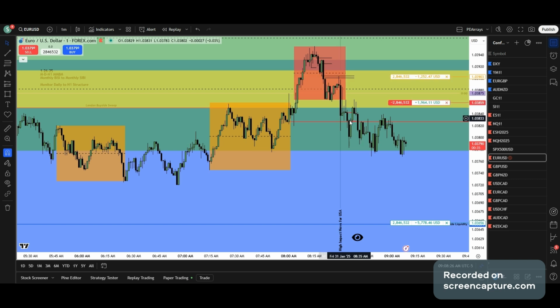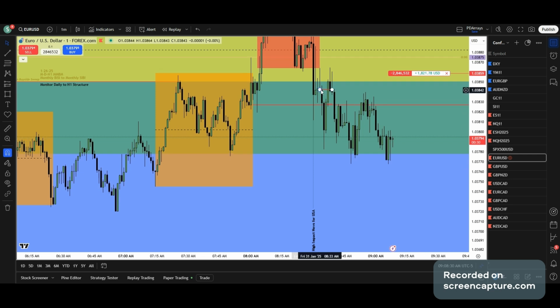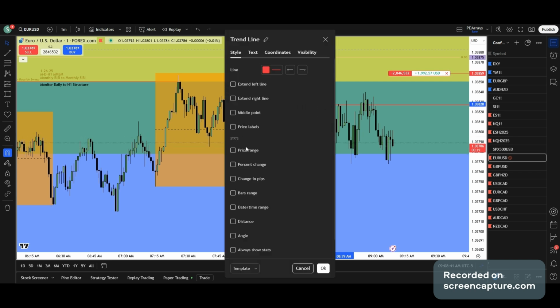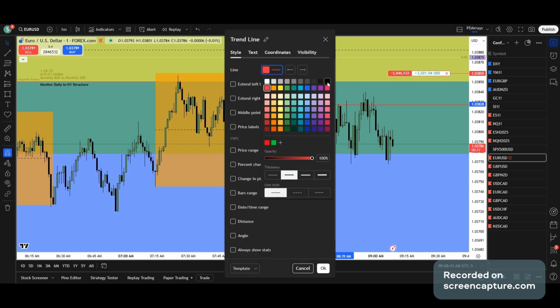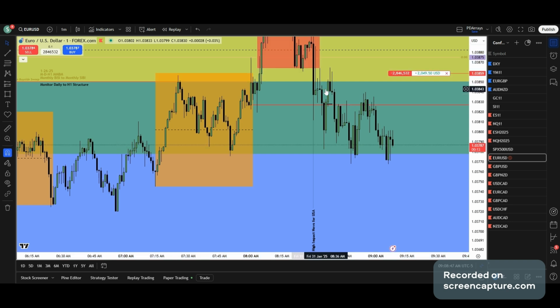So that way when price created this, I'm not sure what I put right there, but oh, okay, it's that fair value gap. Let's see. So I'm actually going to make this black. Actually, no, I'll just draw a rectangle for it.